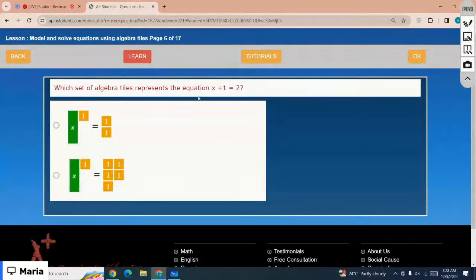It is equation number 1 that represents x plus 1 equals 2.